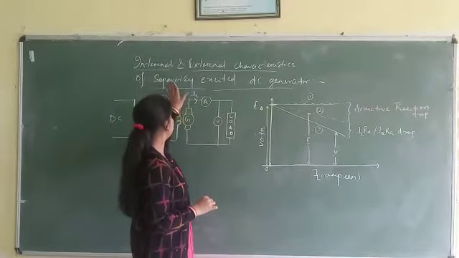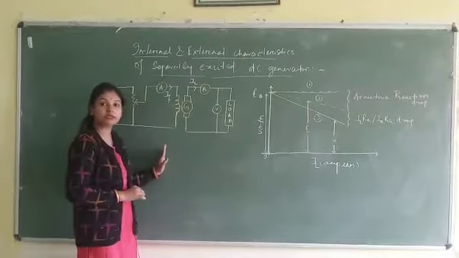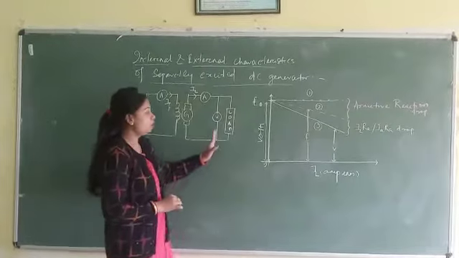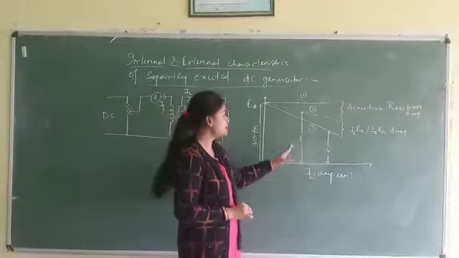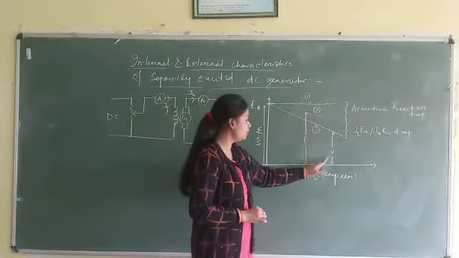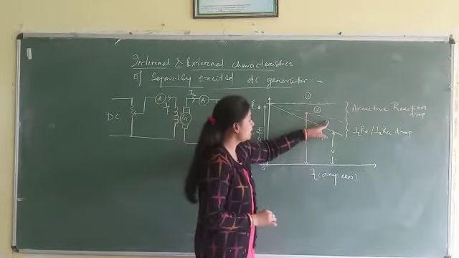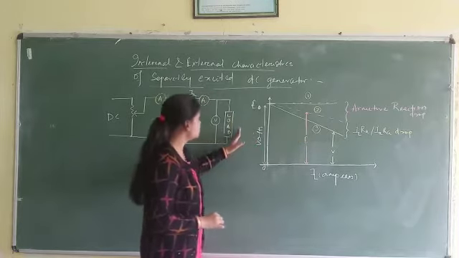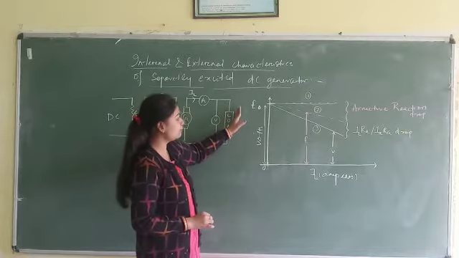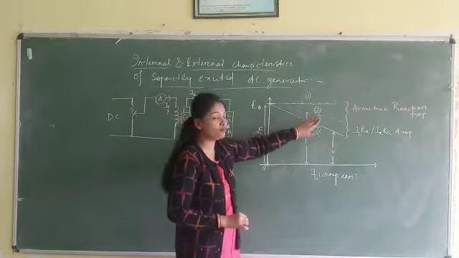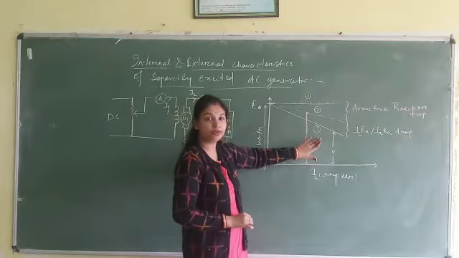Now if we discuss the internal and external characteristics, the internal characteristics curve is between the load induced EMF and the load current, and the external characteristics is between the terminal voltage and the load current. When we increase the load, what will happen? Simultaneously the terminal voltage will drop. This terminal voltage will drop due to two reasons.